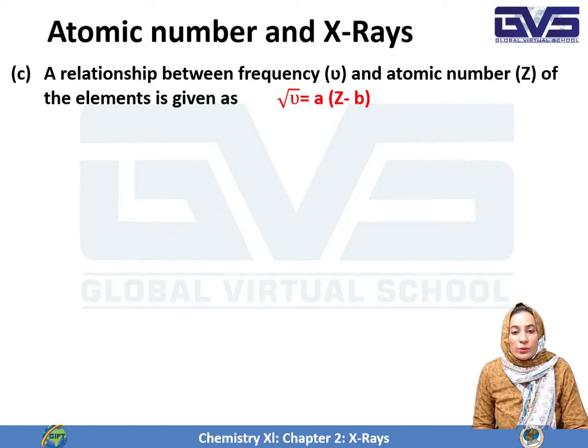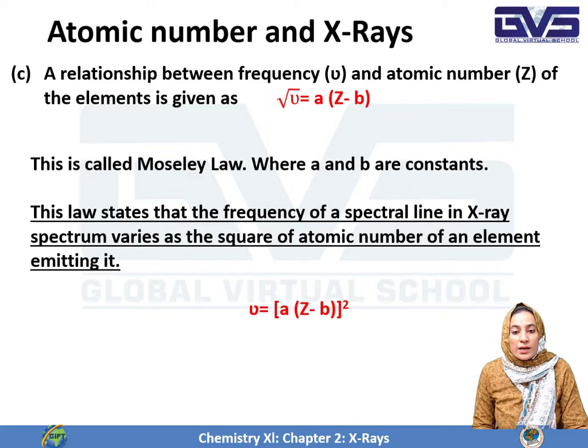This is the relationship: the square root of frequency equals A into (Z minus B). Z is the atomic number, A and B are constants. And Moseley's law is defined as: this law states that the frequency of a spectral line in the X-ray spectrum varies directly as the square of the atomic number of the element. If you take the square on both sides, the square cancels with the square root, and you get the square.